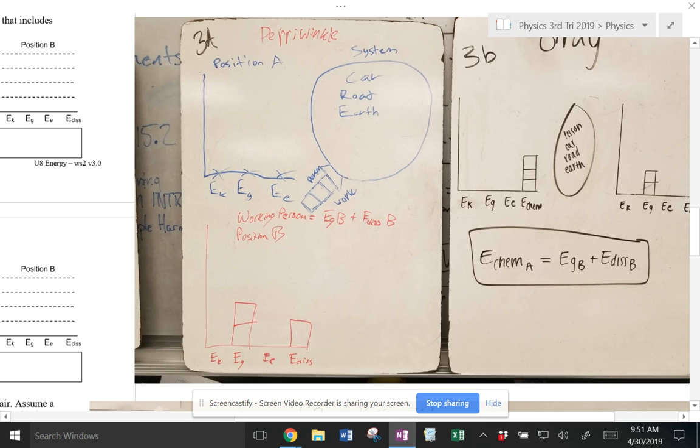I'd like to hear from a few other folks that are looking to do well in the quiz Friday. All right, so we got one here. Wouldn't there be just a little motion at the beginning? We're given in the problem that the velocity of the car at position A is equal to 0.